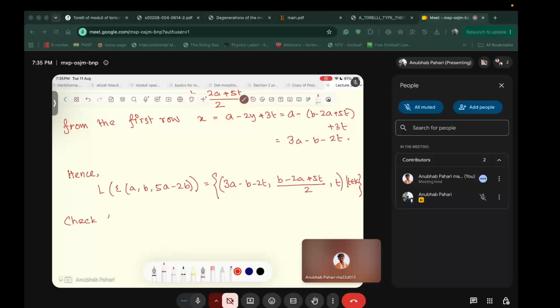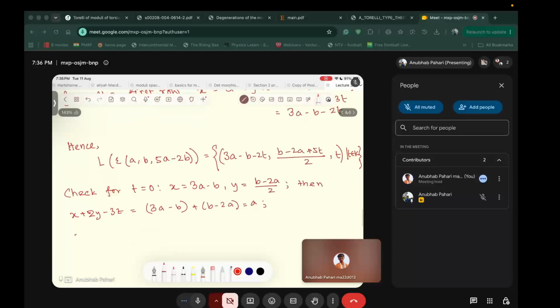Now check for t equals 0. There x equals 3a minus b, y equals b minus 2a by 2. Then x plus 2y minus 3z equals 3a minus b plus b minus 2a, which equals a.